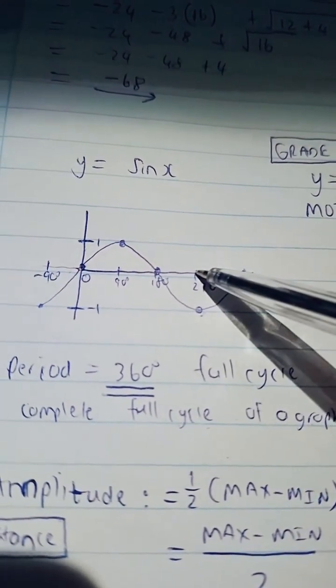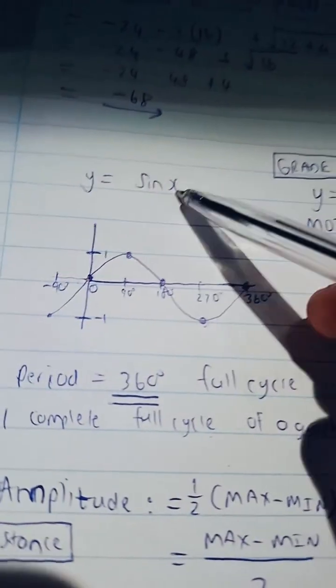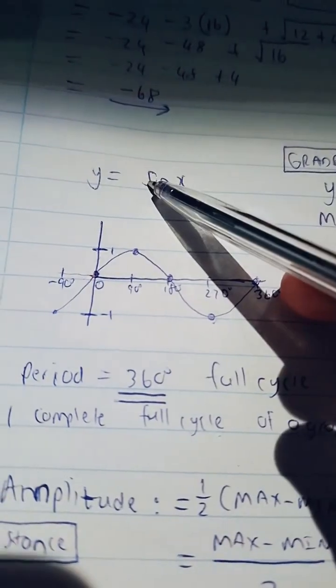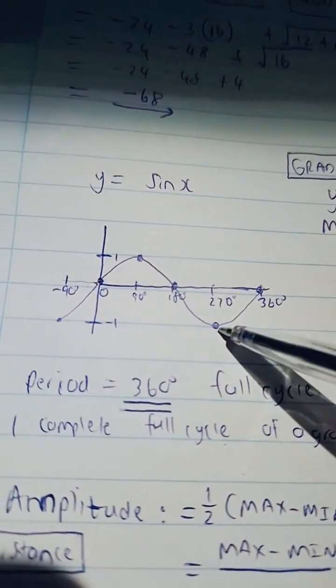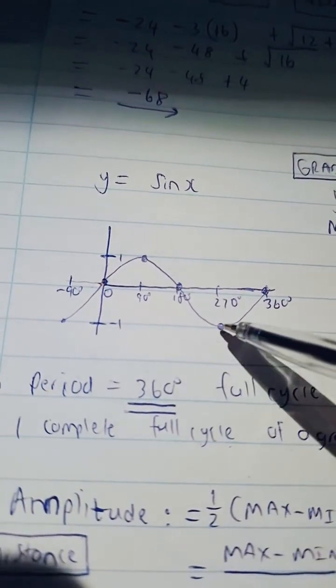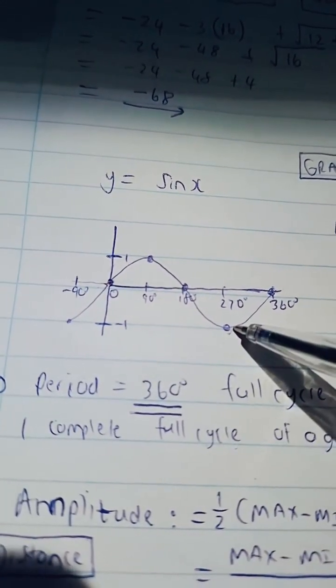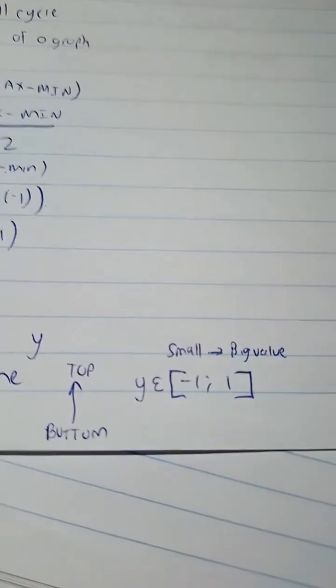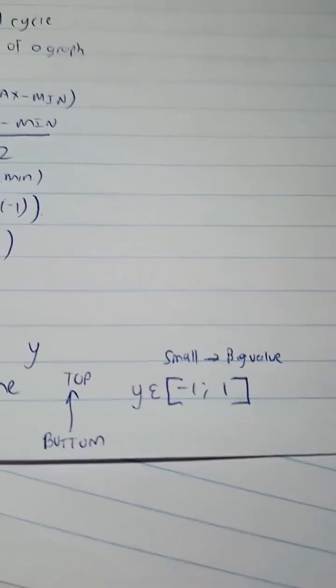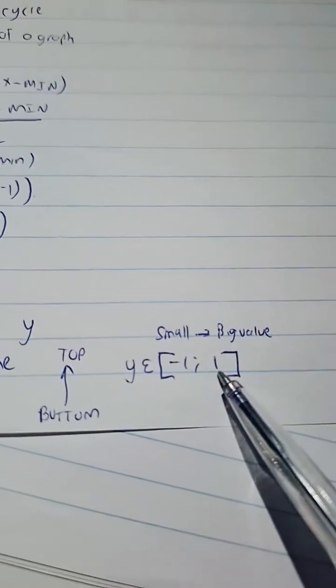Because when x is 270, when you substitute 270 in the place of x, we get a corresponding y value of negative 1. So the function does actually exist where y is negative 1. So that's why we include it. We wouldn't include it if the function did not actually exist or touch that value of 1 and negative 1. Okay, so I hope that's clear for us.